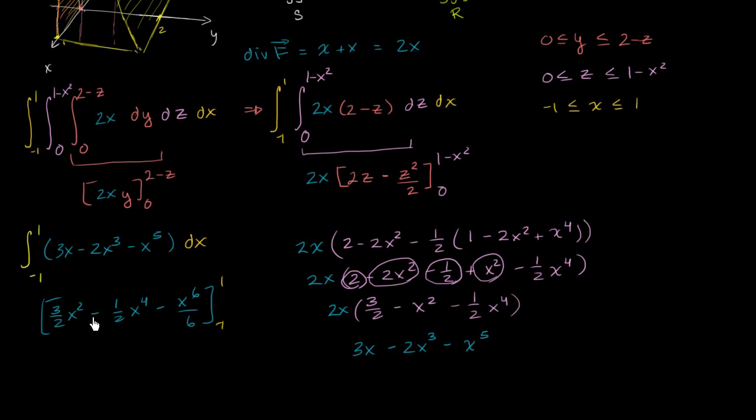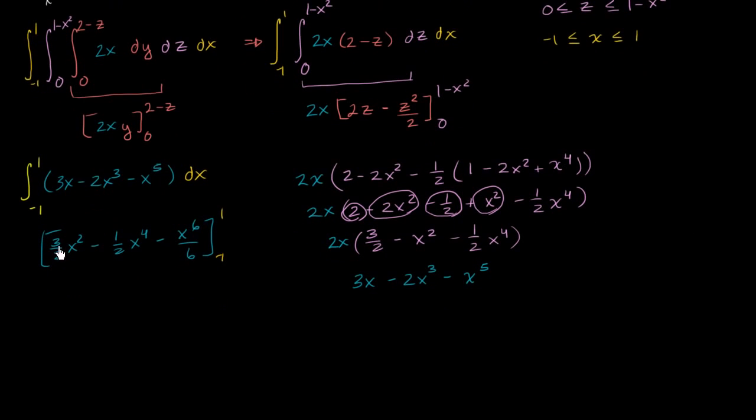So when you evaluate it at 1, I'll just write it out real fast. You get 3/2 minus 1/2 minus 1/6. And then from that, we are going to subtract 3/2 minus 1/2 minus 1/6. Actually, they're all going to cancel out. Is that right?